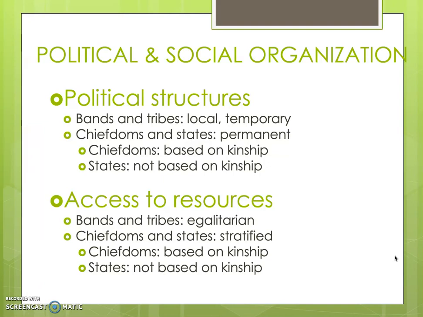But at the level of chiefdoms and states, we begin to see stratification. In chiefdoms, that stratification is largely based on kinship. So the chief and his family and families associated with those families tend to have a higher status and maybe a different set of roles and different access to resources compared with people who are not part of the families in power and related to the chief. In states, access to resources is generally speaking not based on kinship. And we'll be talking about other things that it can be based on.